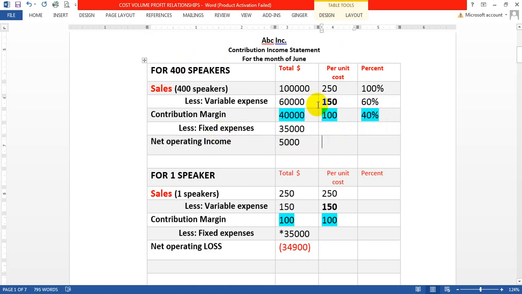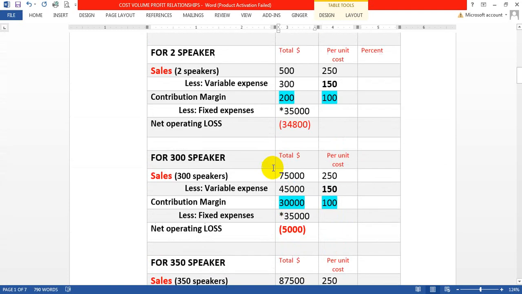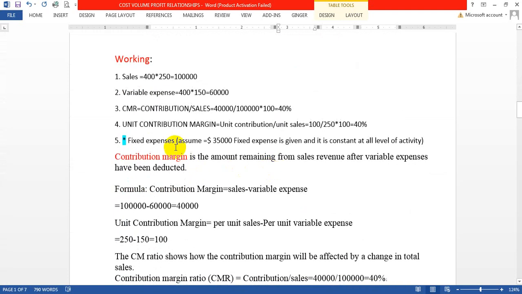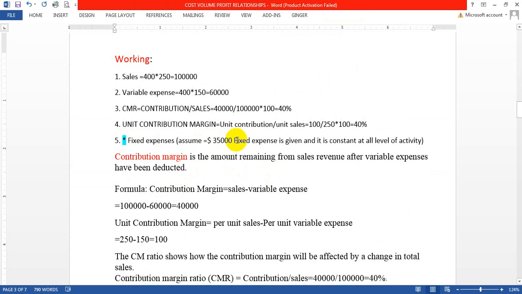We have calculated this. Now if I move towards 1 unit, if I am selling 1 speaker only, what would be the cost? Here I mention the fixed expense with an asterisk sign. Fixed expenses are assumed equal to $35,000.